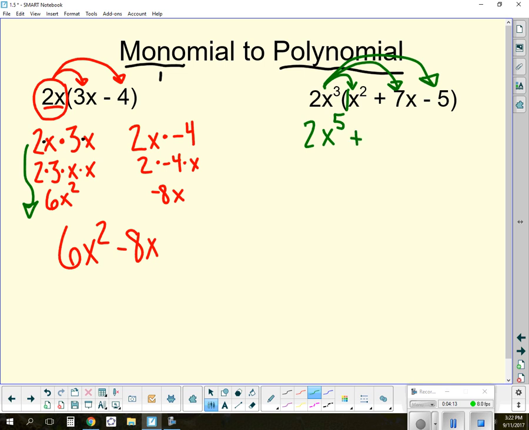Next one, plus 2 times 7 is 14. x to the third times x to the first, add the exponents, it's x to the fourth. And then 2 times negative 5 is negative 10, and x to the third. You've only got x to the third, nothing back here, so it stays x to the third.